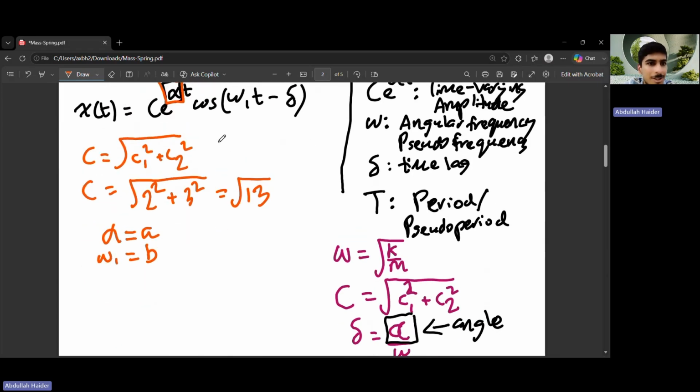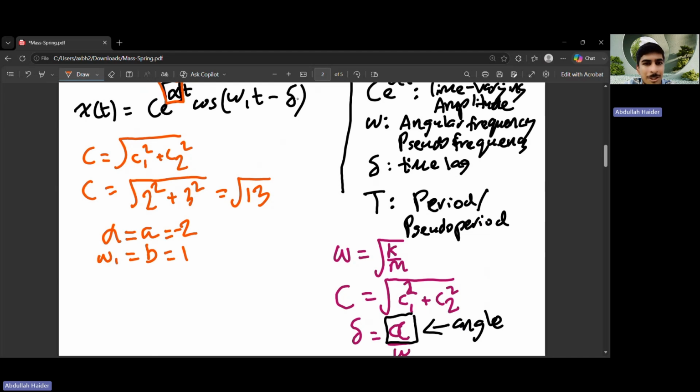But just know that this alpha is the same as A, the real part, and the omega will stay the same for all questions. This alpha is the only problem. I would say that would confuse many people. The omega will always be the imaginary part of the complex root. So we have our omega.